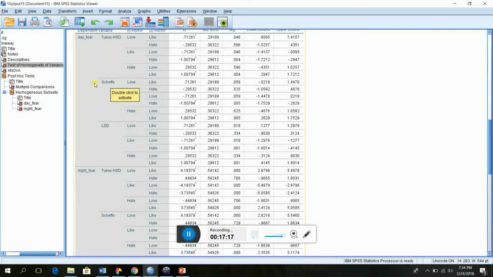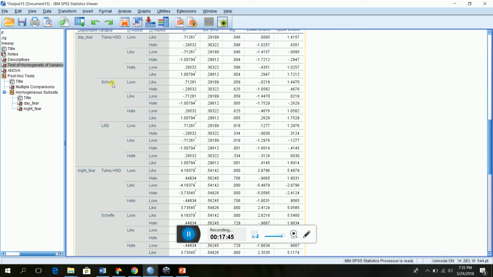What I tell students is look at the pattern of results for each of these tests and look for the one, if you have one, that gives you support for your hypotheses, and that's the pattern you were looking for, then use that test. But typically, if all three give you the pattern you're looking for, then I would report Scheffé.